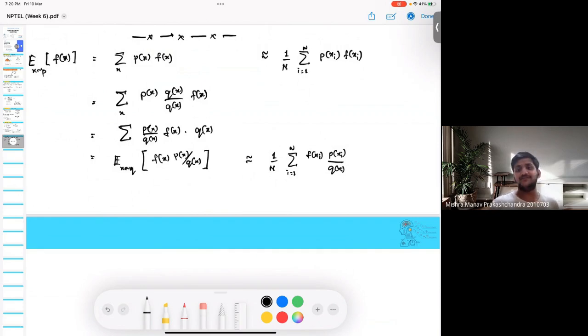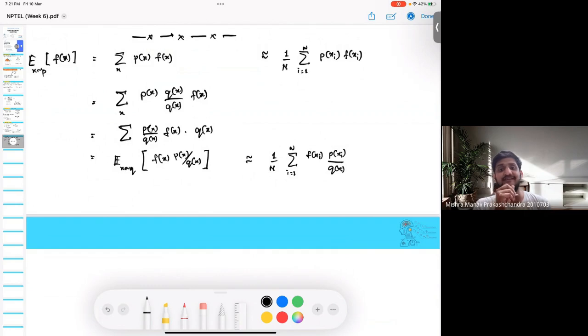This is based on the assumption that my new distribution Q is closely related to my old distribution P. If they are closely related, then you can simply do 1 by n sigma f(xi) p(xi) by q(xi), and averaging over that will give me a rough estimate of this particular quantity.